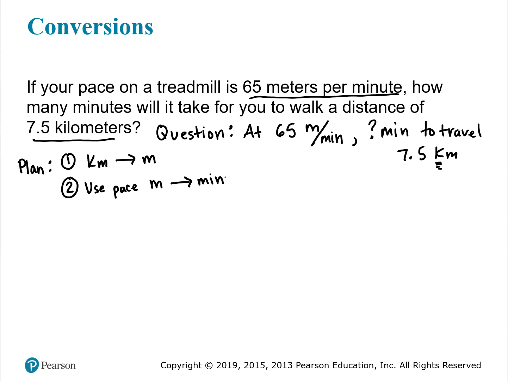Let me know if that plan makes sense. Does everybody understand what we need to do for this problem? Okay. So for the first part of our plan, to go from kilometers to meters, we need an equality.